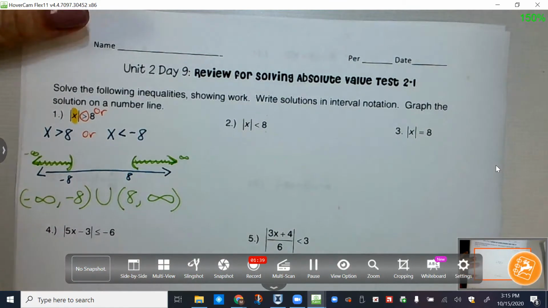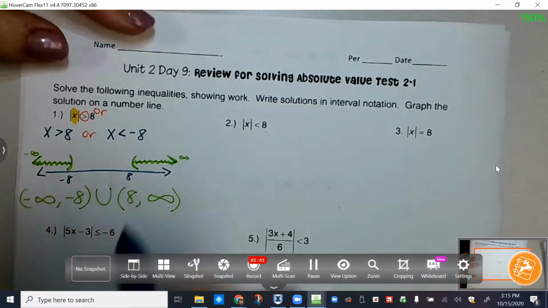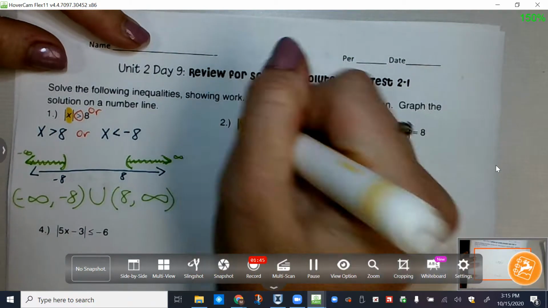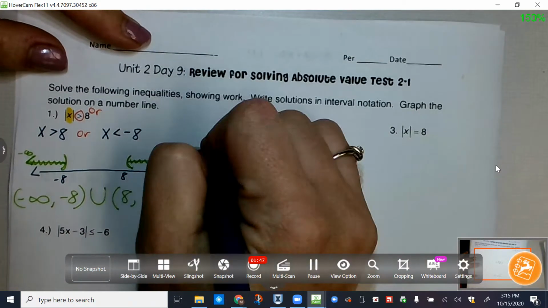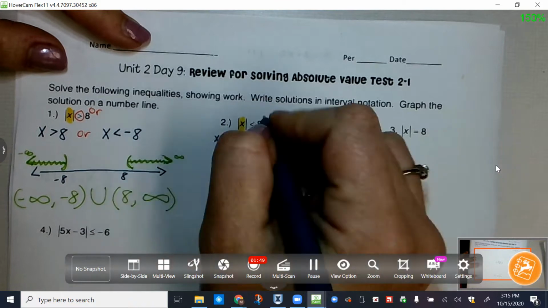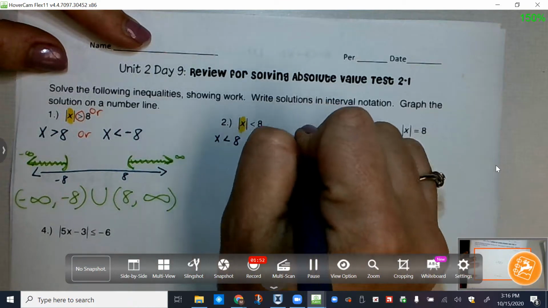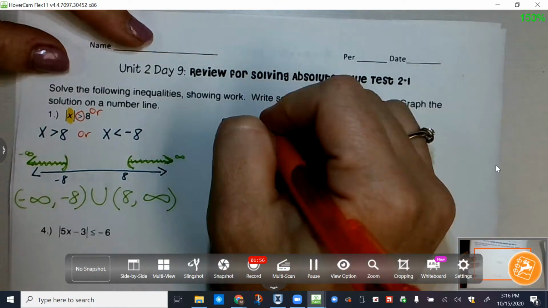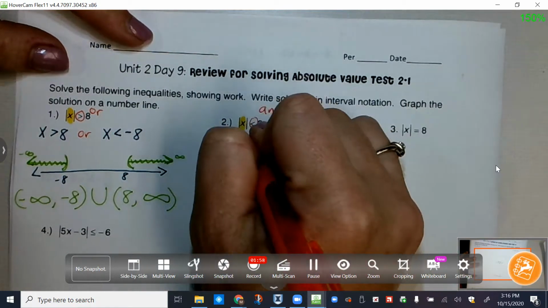Okay, now this one, remember, when your absolute value is alone, we write it exact, and then we write it opposite inequality, negative after. So this is less than, so it's an and situation.